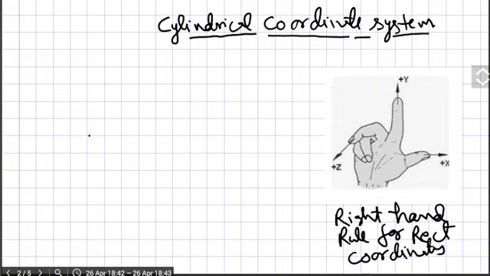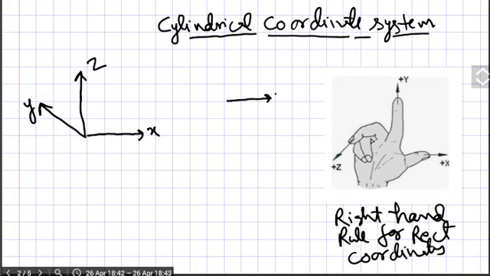So if you use this system and draw your coordinates, then you will find that you can make the rectangular coordinate system like this. It's very easy to draw, and you already know these things on the 2D plane, but if you want to show it in 3D, then you can show x, y and z.